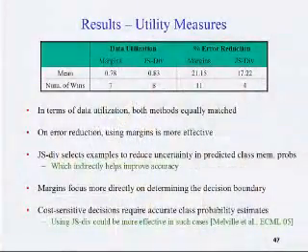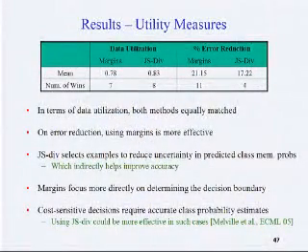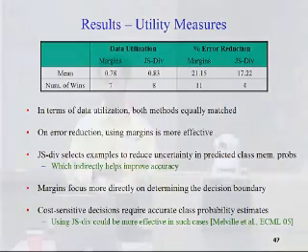So we ran our experiments as before, comparing this alternate measure of utility with our original margins measure. In this table, we summarized the two methods in terms of both data utilization and the reduction in error. What we noted was that in terms of data utilization, they seem to be equally matched, but on error reduction, margins seem to be more effective.